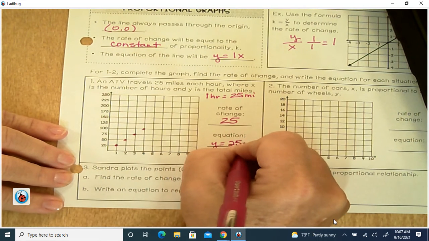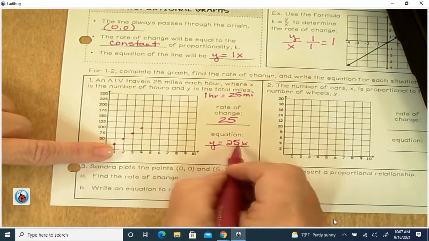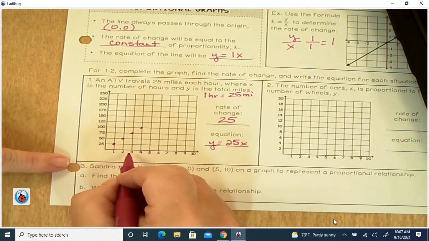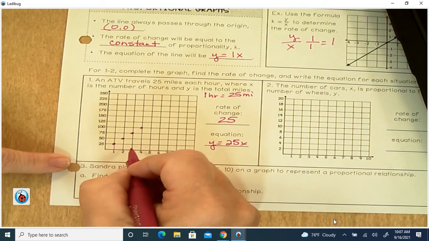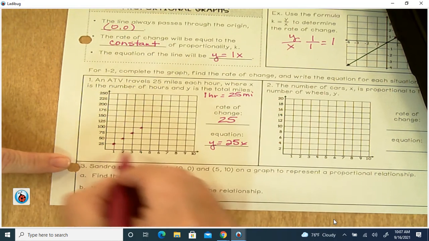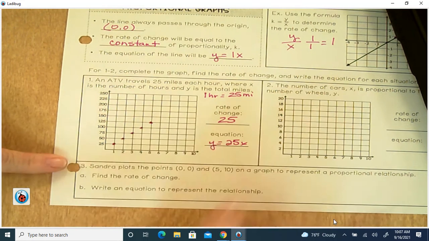Very good. So 25 times 1 is 25. 25 times 2 is 50. 25 times 3 is 75. 25 times 4 is 100. 25 times 5 is 125, and so on and so forth.